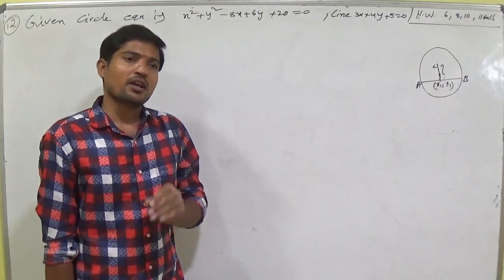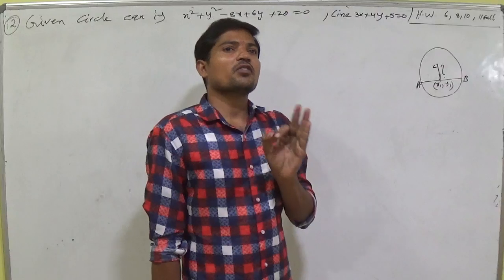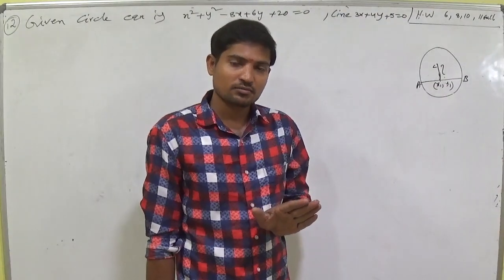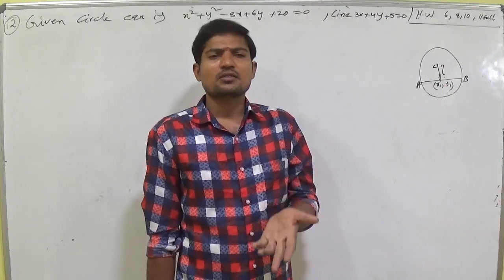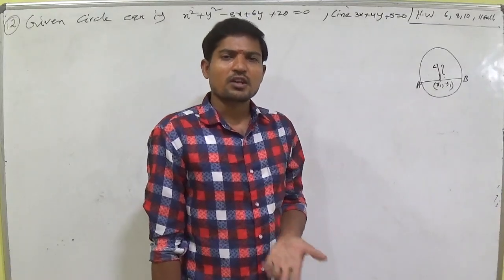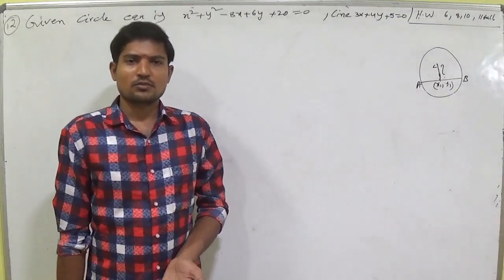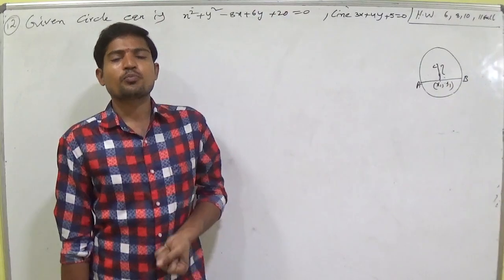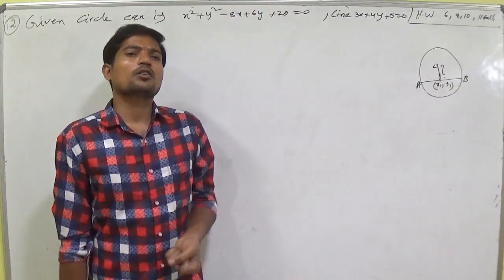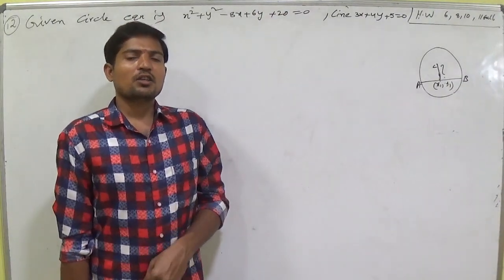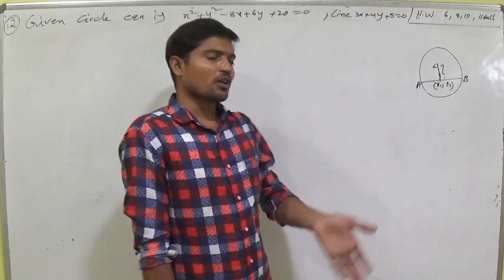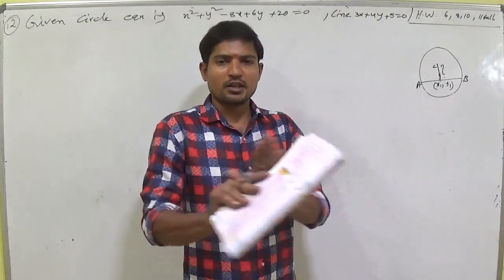If the midpoint is given, then finding the equation of the chord is different, that is S1 equal to S11. Circle given, midpoint given, then the equation of the chord is S1 equal to S11. That's clear.